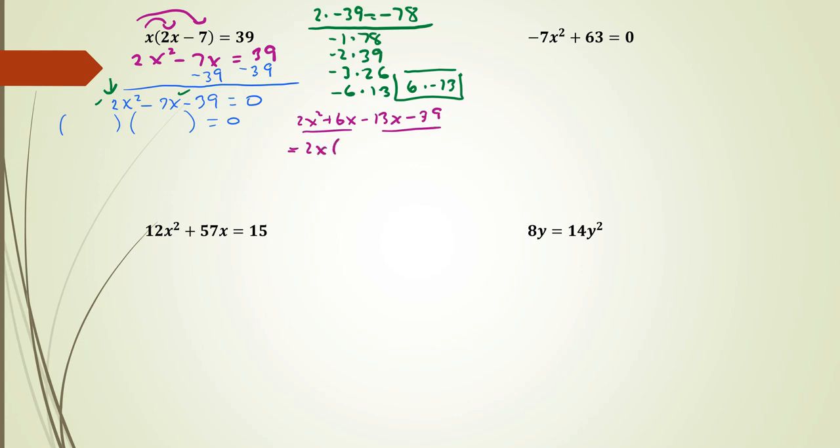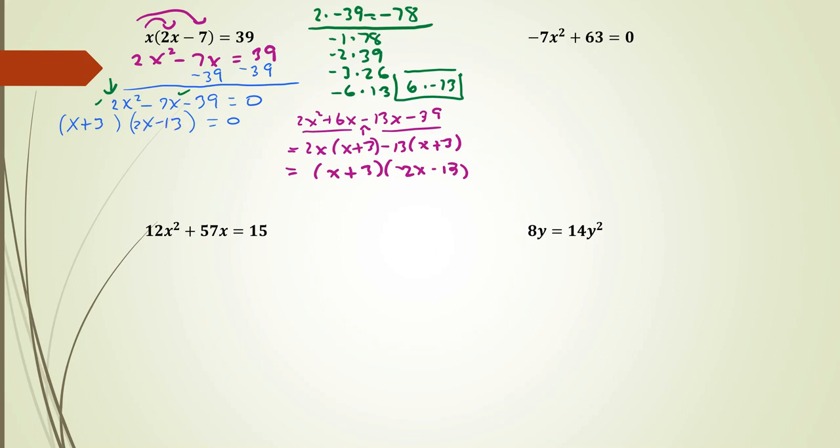So I've got a 2x and x plus 3, and then here I've got a minus 13 and x plus 3. This is telling me to use factors of x plus 3 and 2x minus 13. Not the easiest factors in the world. X plus 3 and 2x minus 13.